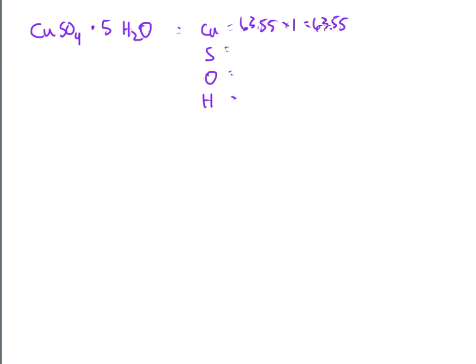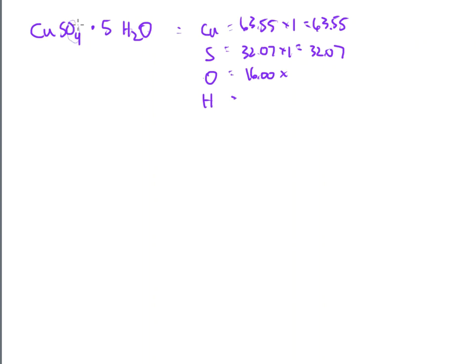That's 32.07. And there's just one of those, so 32.07. All right, now it comes to the oxygen. Oxygen's number 8 on the periodic table, and oxygen weighs 15.99 something. So we always rounded it off to 16, right? So oxygen 16, and we need to multiply it, right?